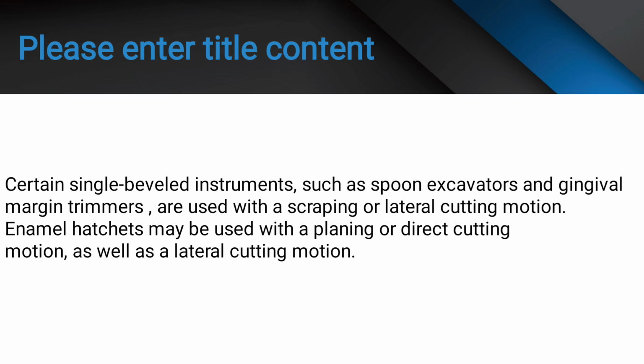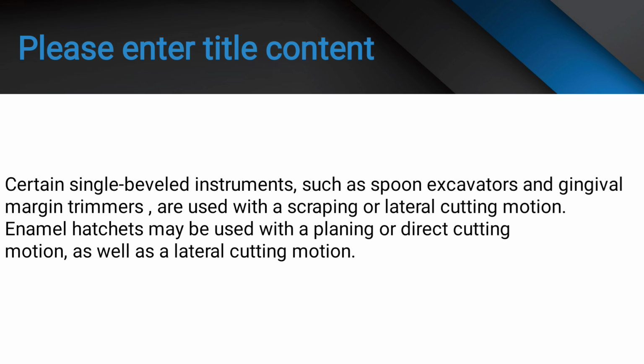The mesial bevel is determined as follows. We look at the inside angle, that is, the junction of the blade and the shank. If the primary bevel is not visible, then it is said to be the distal bevel. When it is visible, then it is said to be the mesial bevel.